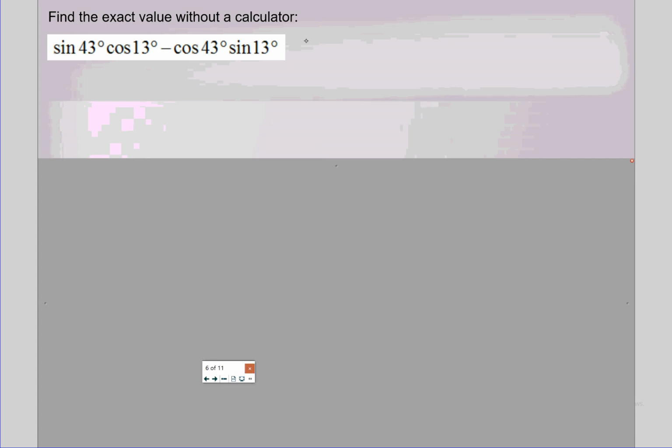It is sine of u minus v. All you're seeing here is they already filled in the right side of the formula, so we're going to use the left side. What's the u that they used? 43. And what's the v that they used? 13.